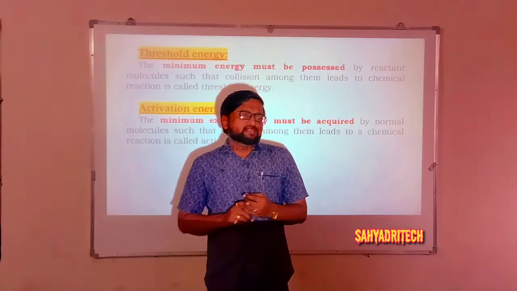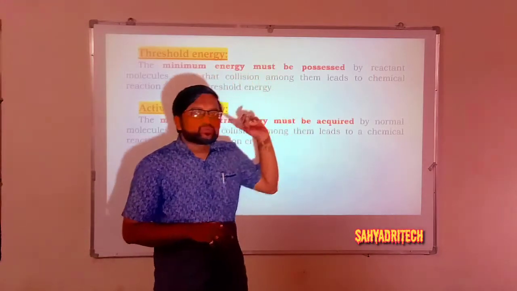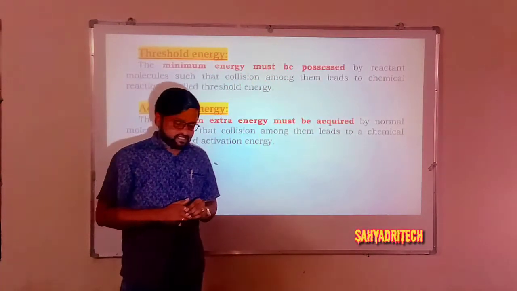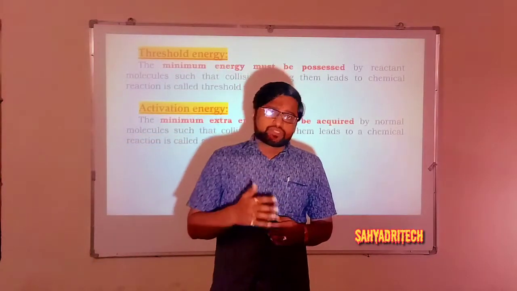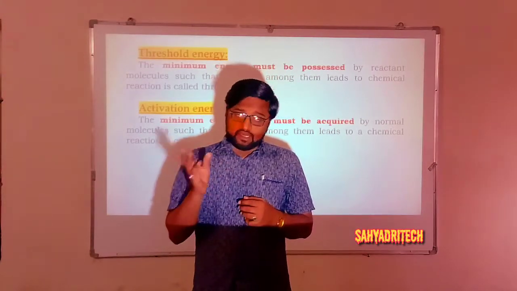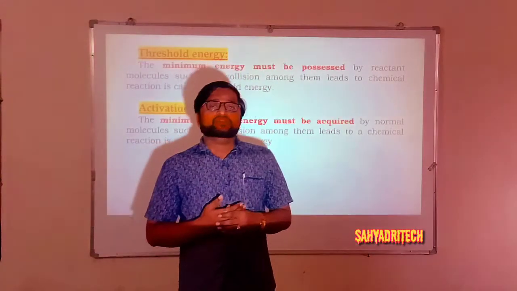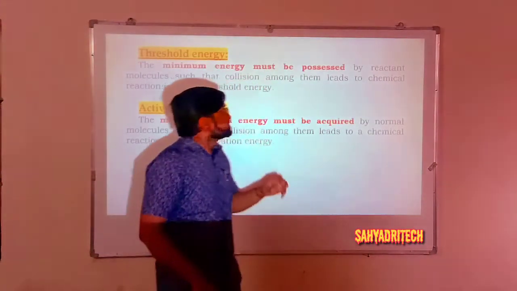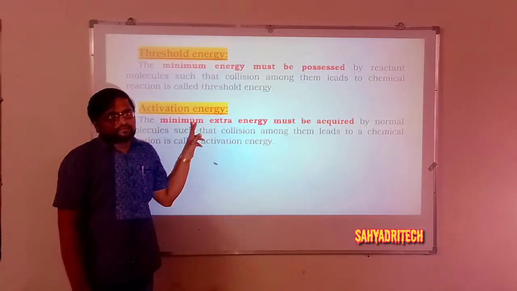Coming to the first one, as I said, the energy barrier includes two quantities, threshold energy and activation energy. So for a reaction to proceed, to give product, all reactant molecules have to possess or cross the energy barrier. What is that energy barrier? It includes threshold energy and activation energy.